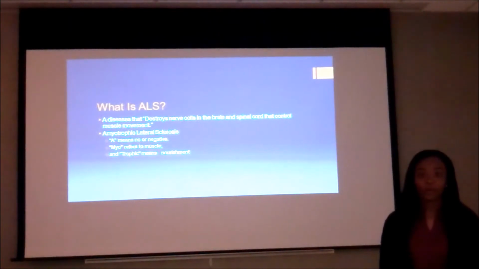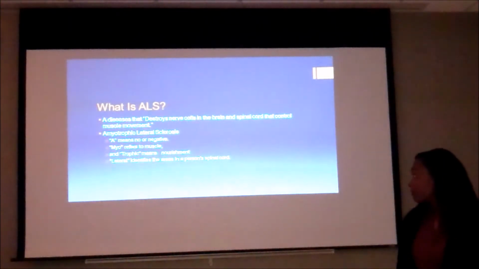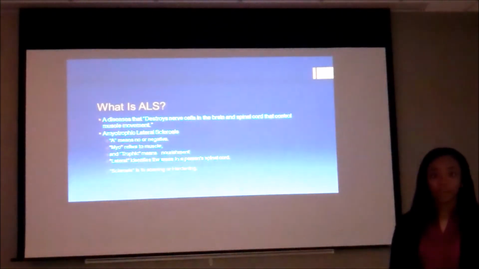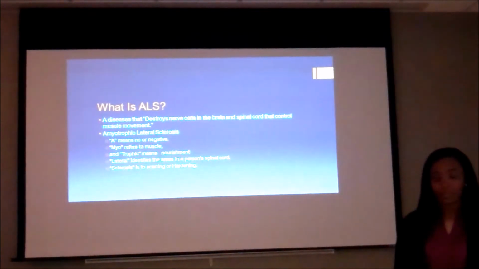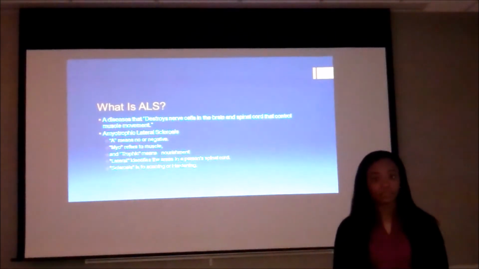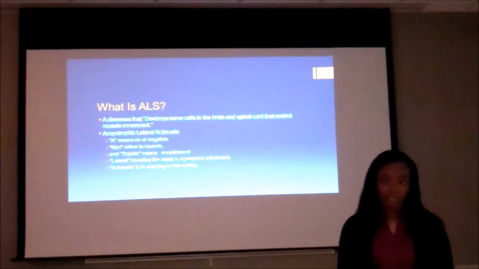So there is no nourishment within the muscle. The lateral refers to a person's spinal cord, and sclerosis refers to scarring or hardening. So overall, there is no muscle nourishment within a person's spinal cord, which can lead to scarring or hardening of the muscles.